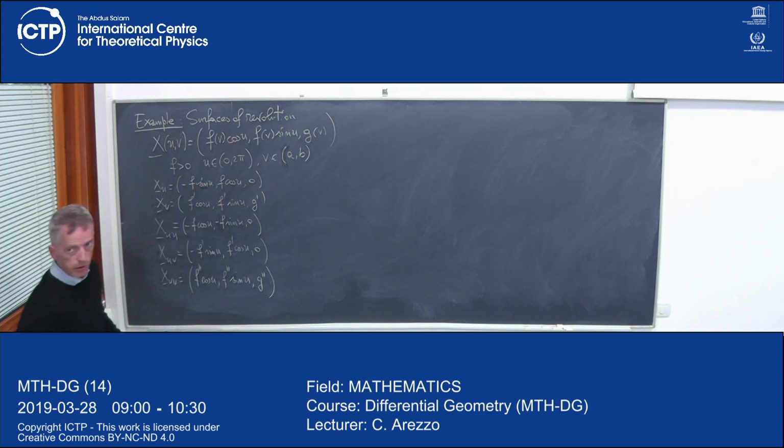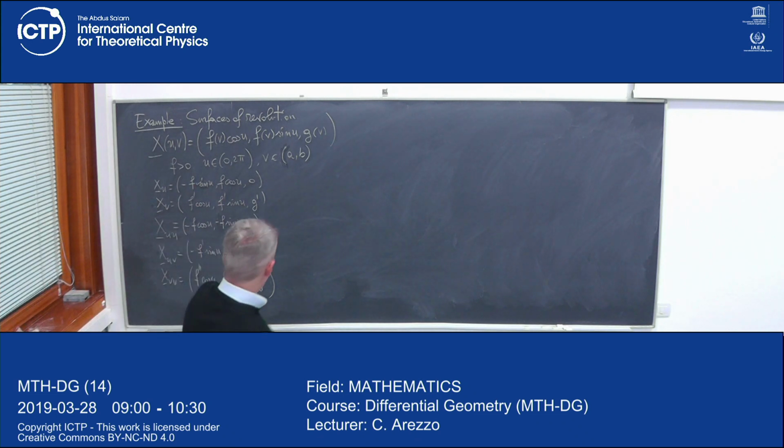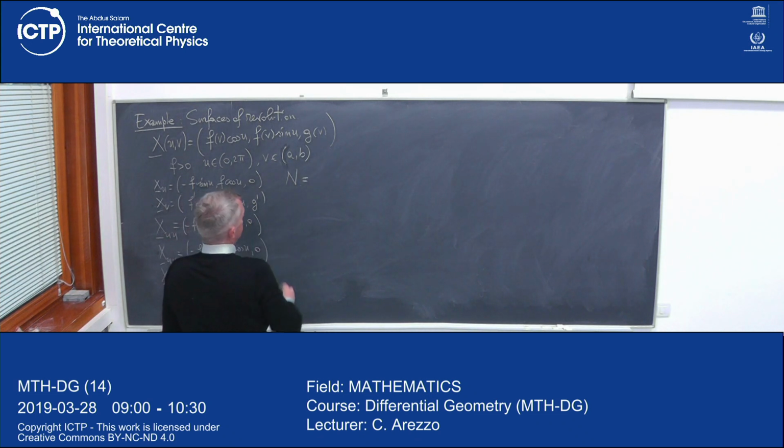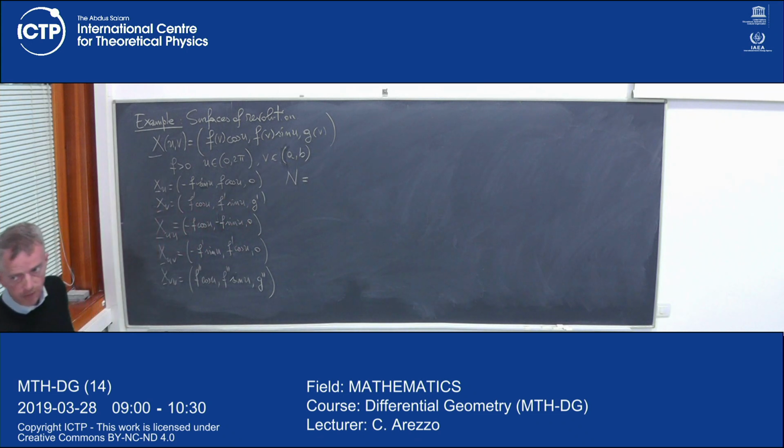Yeah, seems okay. So, let's compute also the normal vector, or at least one normal vector. So it's XU cross XV.